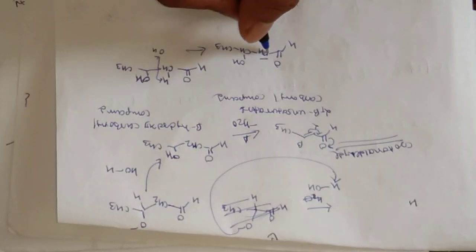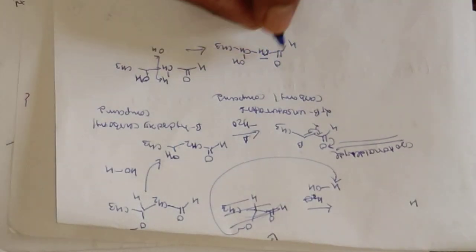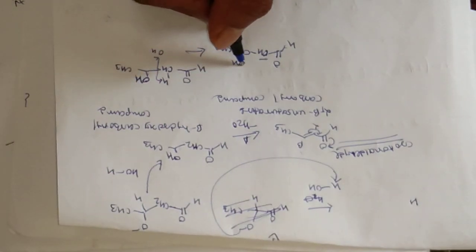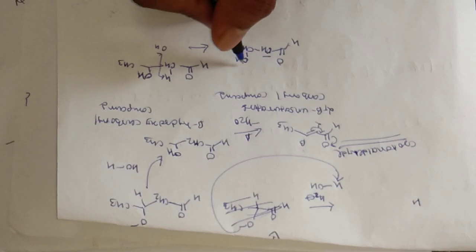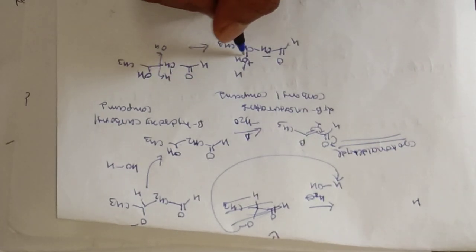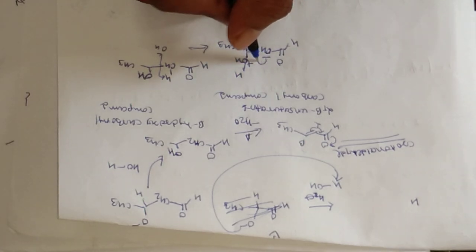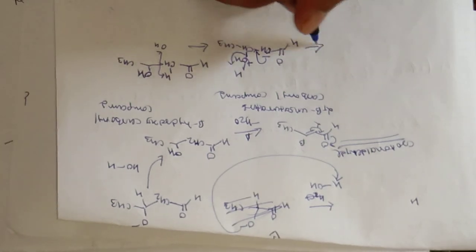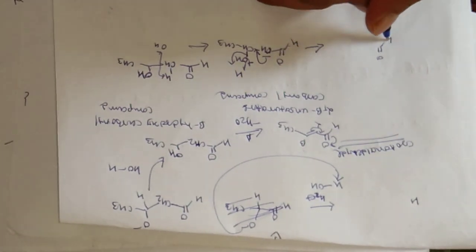This negative charge is stabilized by that carbon. After that, this OH is protonated by water, so now it becomes a very good leaving group. Therefore this negative charge comes here, this group leaves, and your final product is formed.